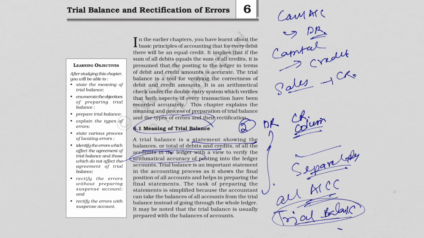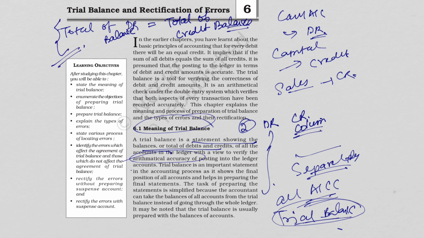Trial balance helps us to check whether the total of debit balances is equal to the total of credit balances. If both the totals are equal, it means that the debit as well as credit postings have been done correctly according to the double entry system. So students, you must also remember one important point.